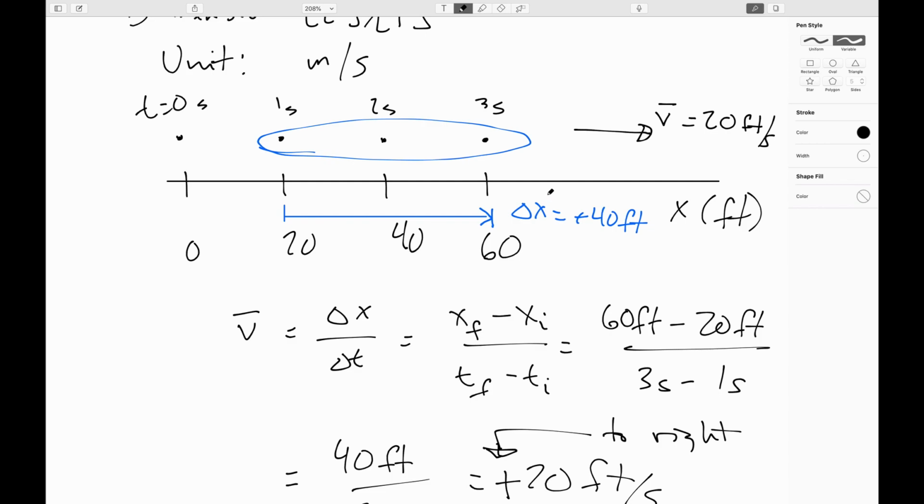However, they always have to point in the same direction. I displaced 40 feet to the right, so I ended up 40 feet to the right of where I started from. This means that on average, my motion was to the right. So the velocity vector and the displacement vector better point in the same direction.